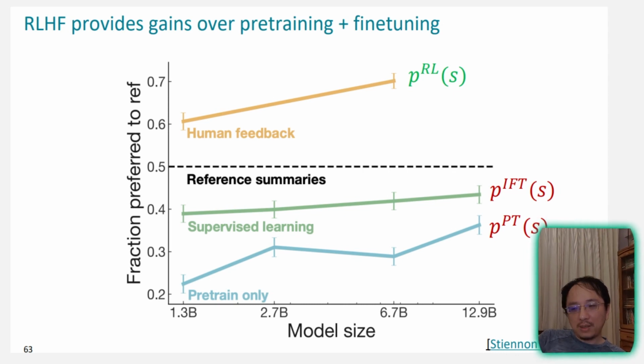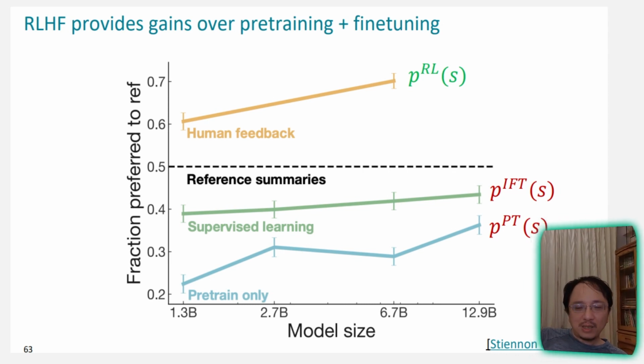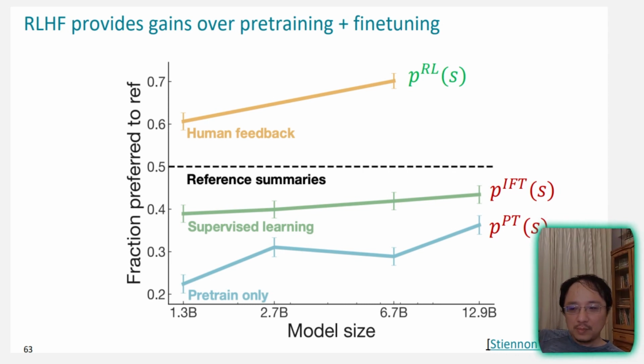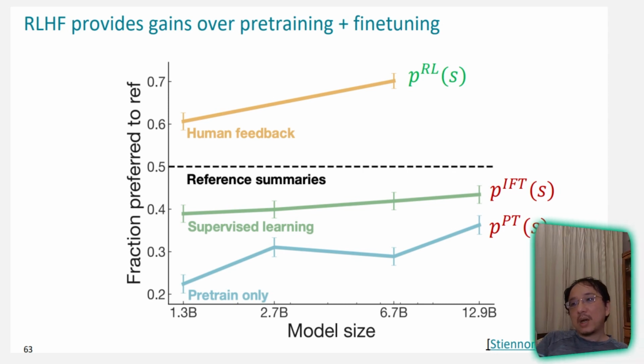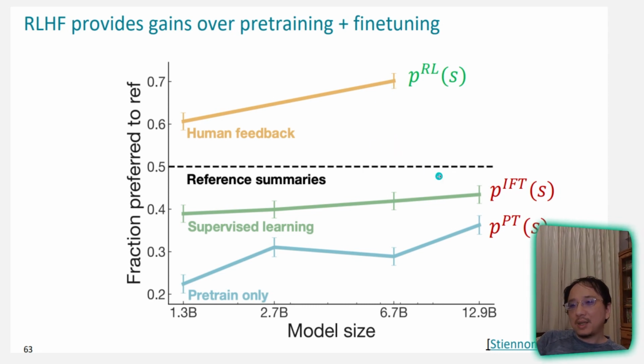By combining this reward model with a policy gradient reinforcement learning algorithm, specifically PPO, the proximal policy optimization method, the result is pretty significant, better than using instruction fine-tuning alone.